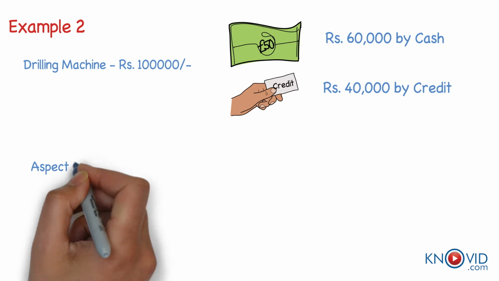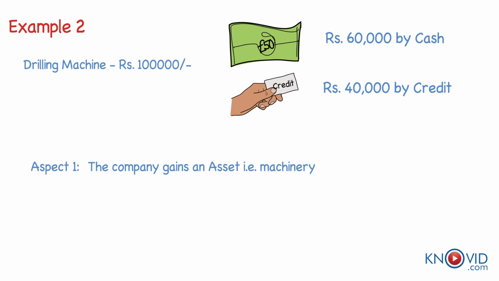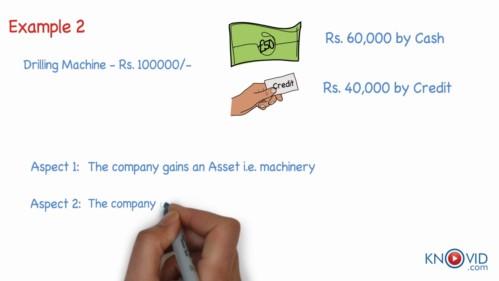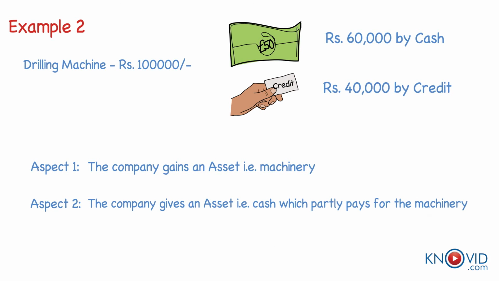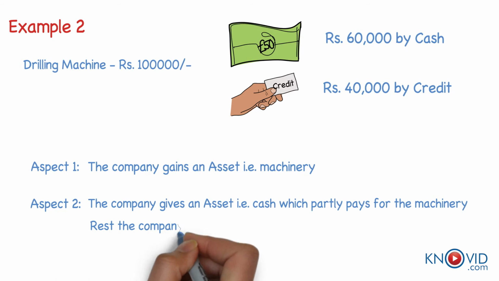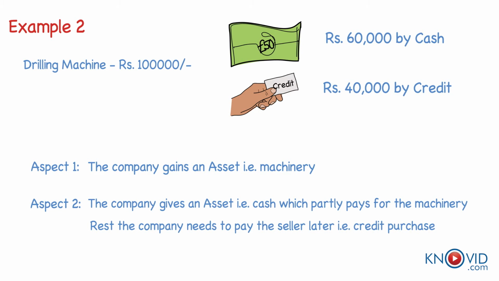Aspect 1, the company gains an asset, that is machinery. Aspect 2, the company gives an asset, that is cash, which partly pays for the machinery. For the rest, the company needs to pay the seller later, that is credit purchase, for Santo Engineering Industries.